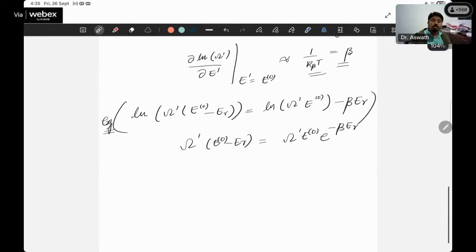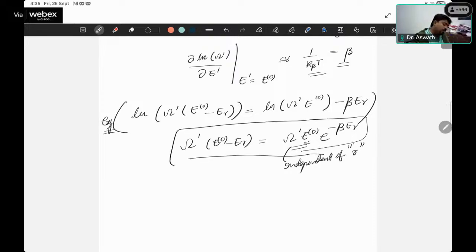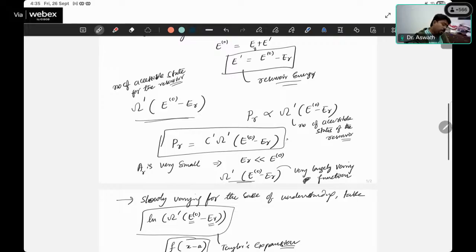Now you see the number of accessible states of omega prime with the total energy is independent of r, the index of rearrangement. So I will write the overall probability, which earlier I wrote as n_a.